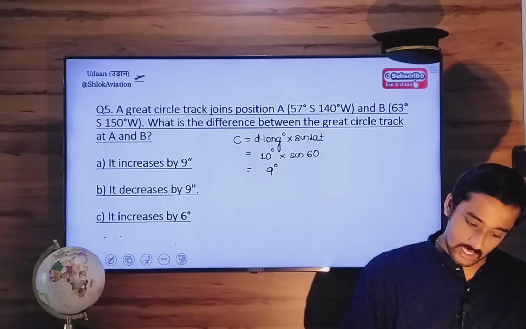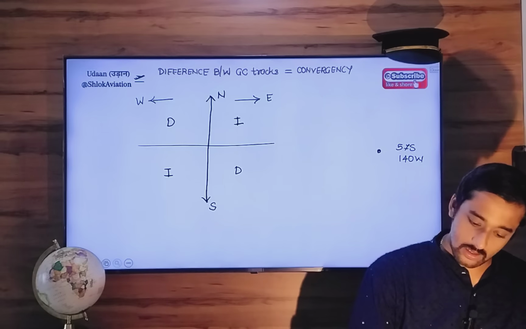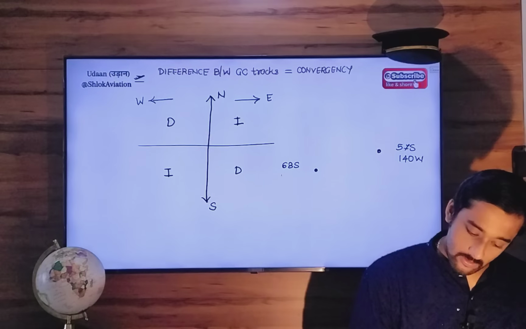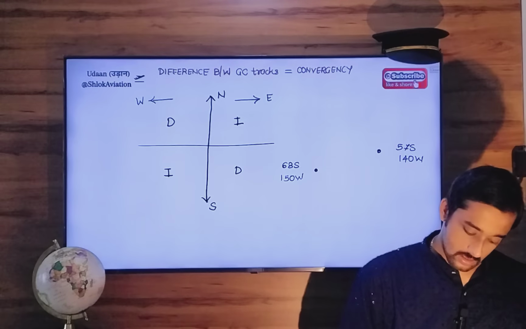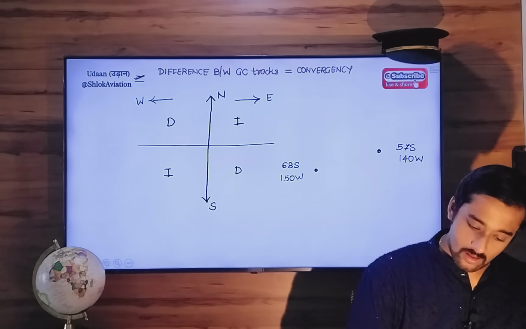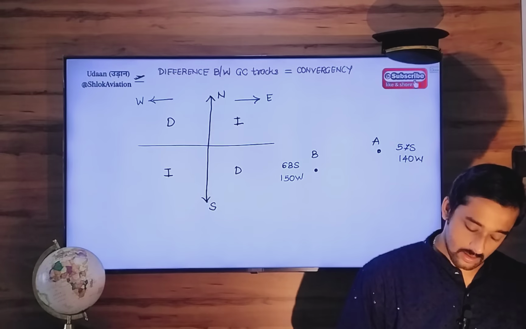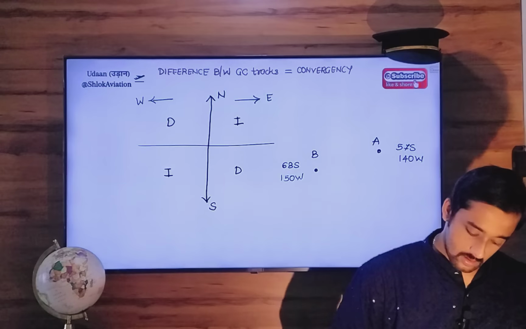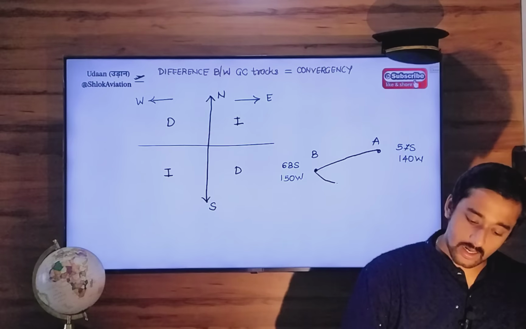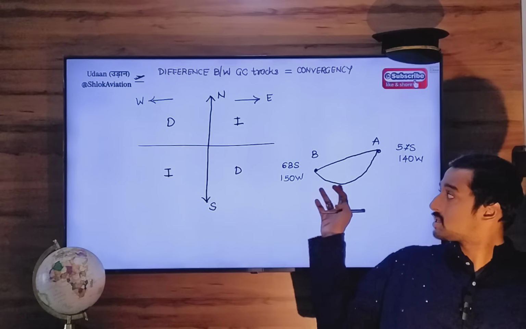Another is 63 south 150 west. Correct. So point A, point B. The great circle track will be passing through the nearest south pole.